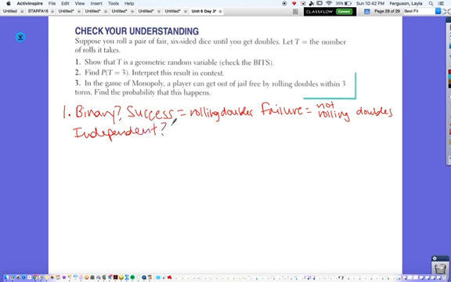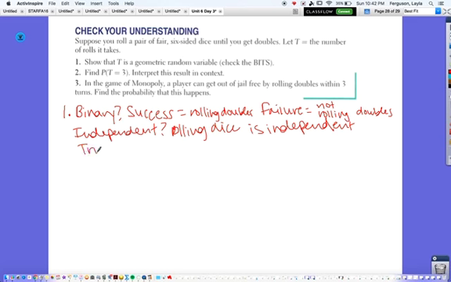Independent would mean, does one roll affect the other? Rolling dice is an independent process, which means that what we roll on one die is not going to affect what we roll on the other die, because they're two totally separate dice altogether.